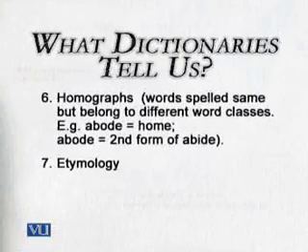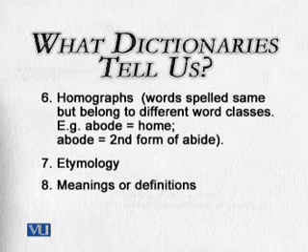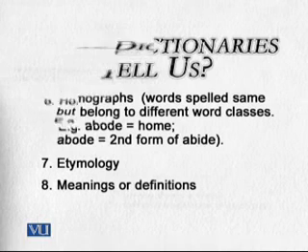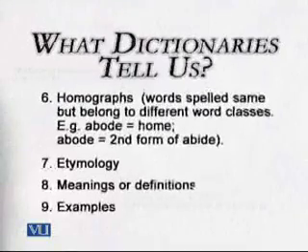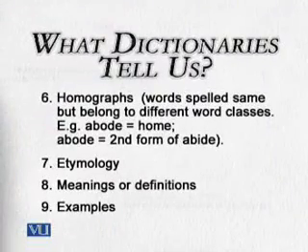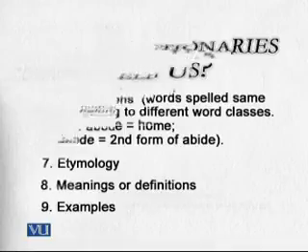Next entry after this etymology comes important meanings and definitions, for which actually you consult dictionaries. As I mentioned before, dictionaries give you primary, secondary, tertiary. Good dictionary should give you more than one meanings, wherever, of course, possible. And then comes examples. Some dictionaries do not give you example. The same word, used in a sentence.